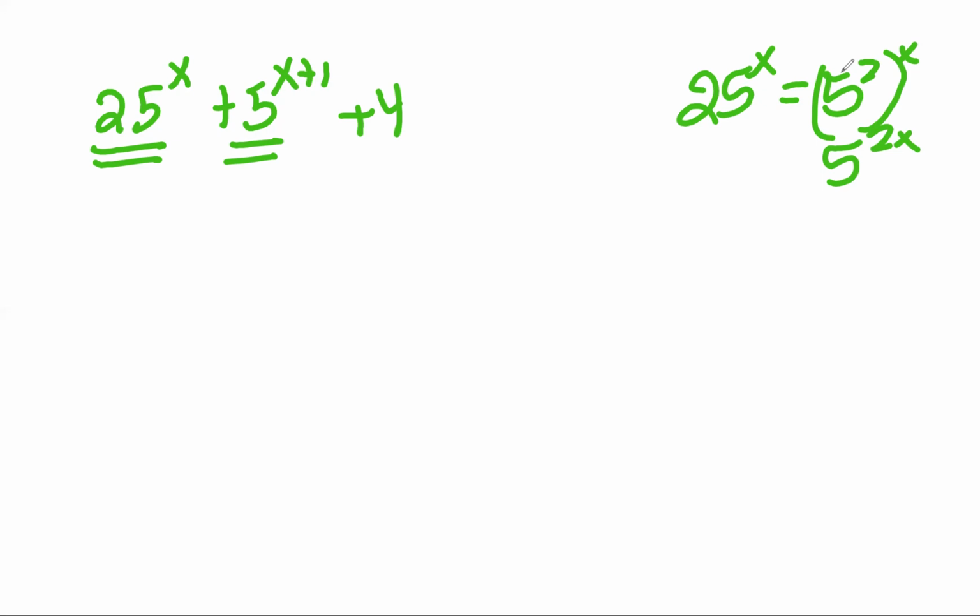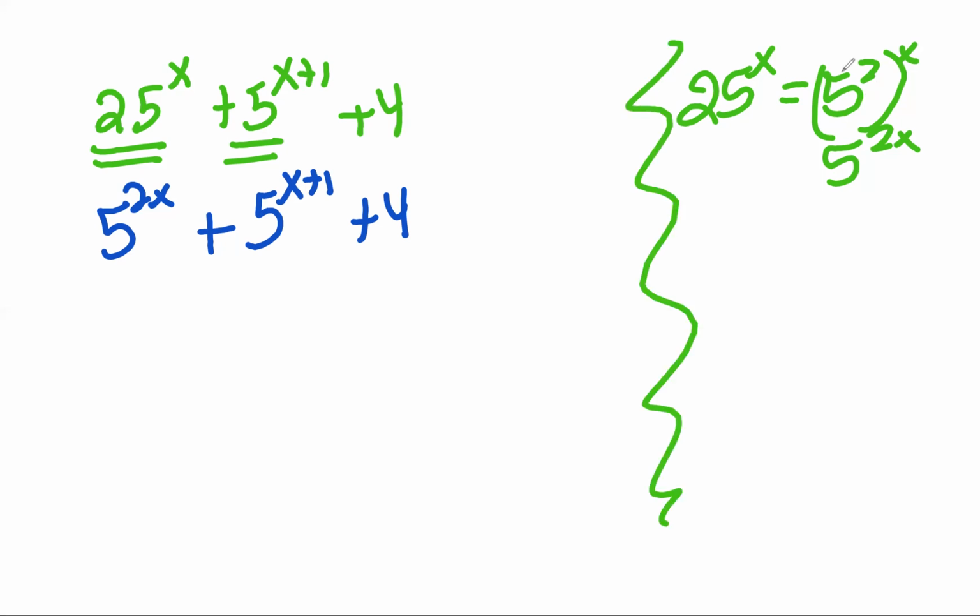So I'm going to redo this problem and rewrite it as 5 to the 2x plus 5 to the x plus 1, plus 4. Now, I want to think about what it means if I have 5 to the x plus 1 power.